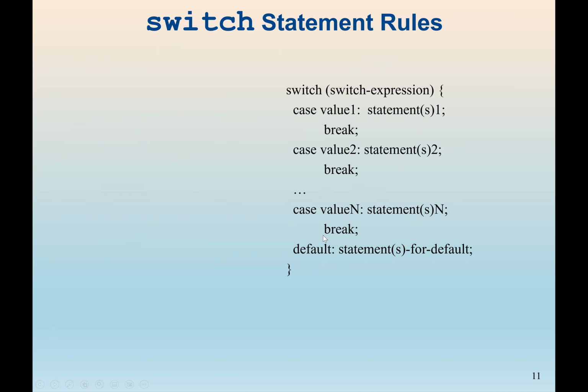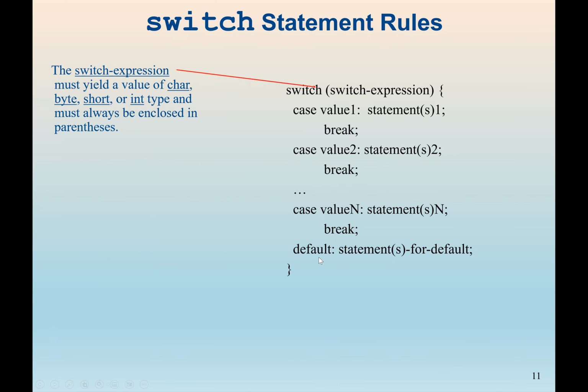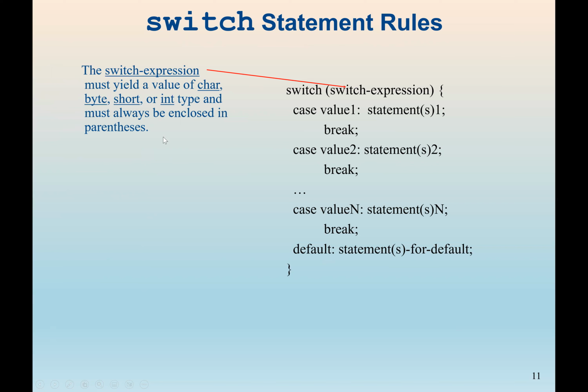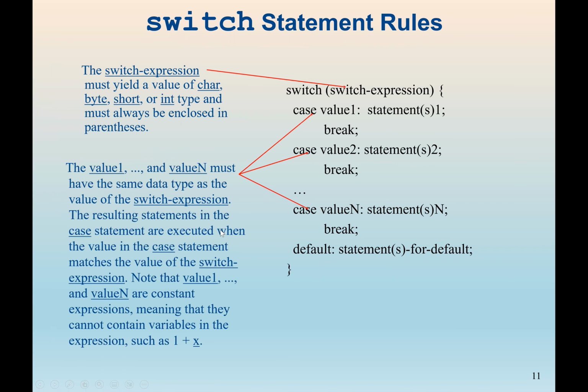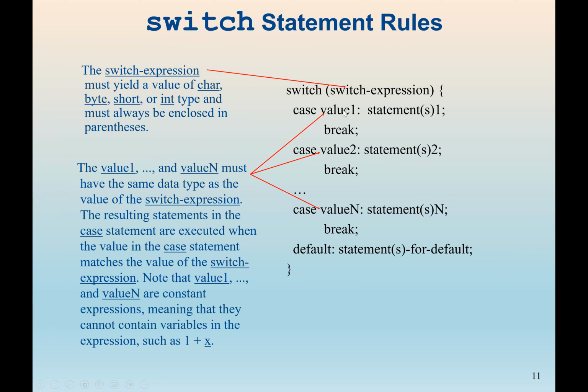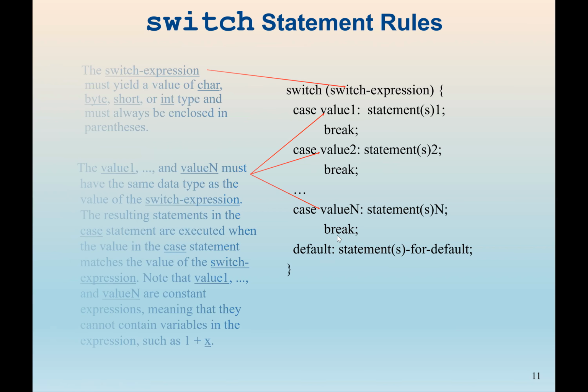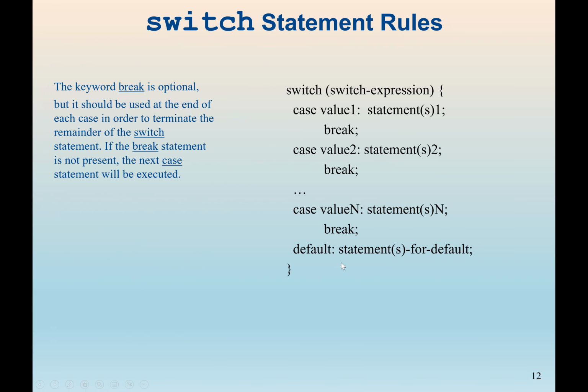So if all the cases are false, then the last default will execute. So that's what we're saying here, the switch expression. Then we have the option. It has to be one of these answers, value 1, value 2, or value n. If it's none, then we go for the default value.